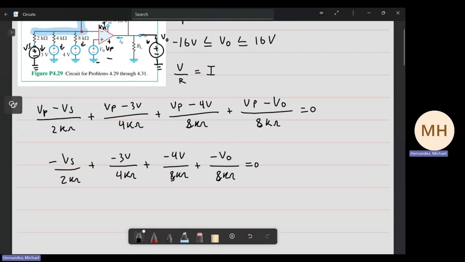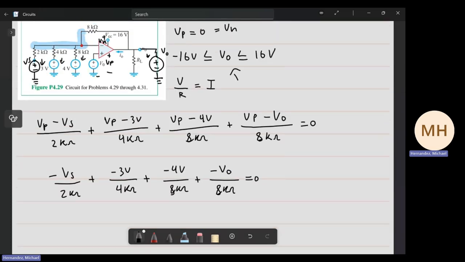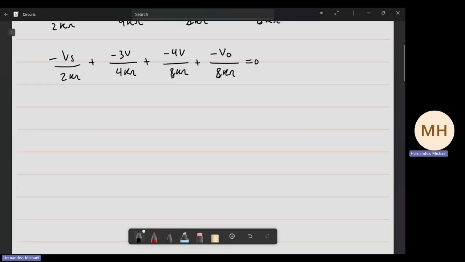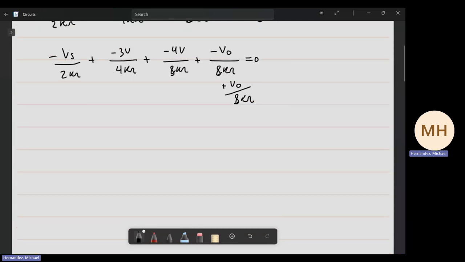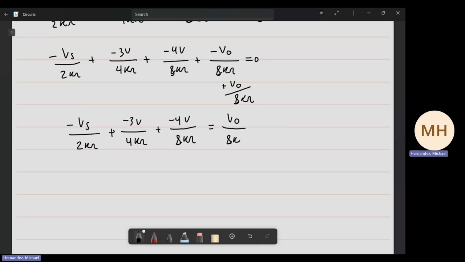And like I said, we need something to plug into this VO. So we can move this VO to the other side. So we just do plus VO over 8K ohms. And it's just going to look like negative VS over 2K ohms plus negative 3 volts over 4K ohms, and then because we move it, it's going to be VO over 8K ohms.